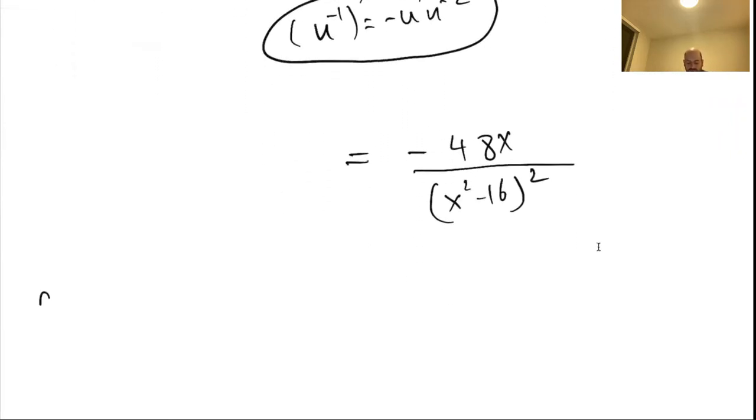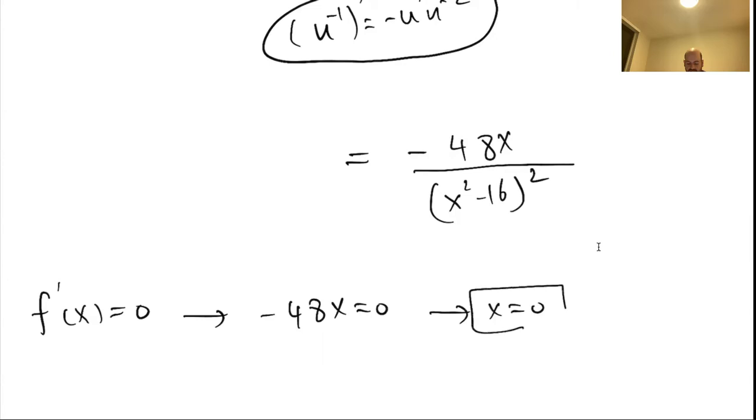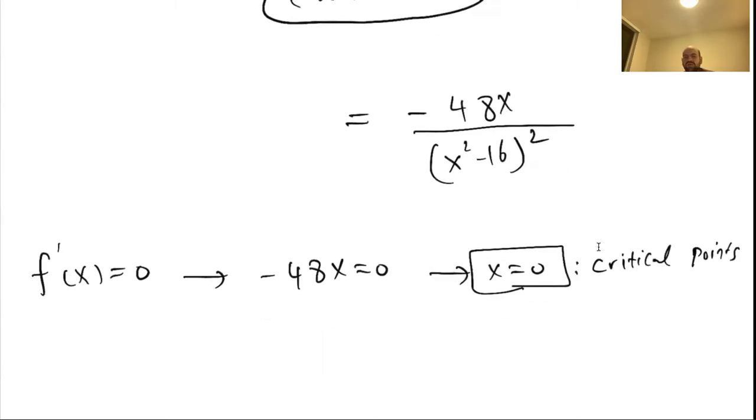So if f prime equals 0, that gives minus 48x equals 0. That gives x equals 0, which is my critical point. But remember, when you want to sketch the sign chart for f prime, you have to also include the zeros of the denominator as well.